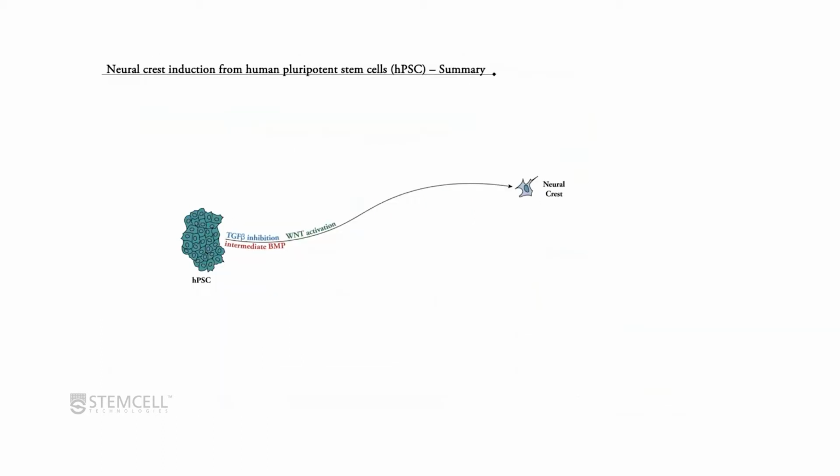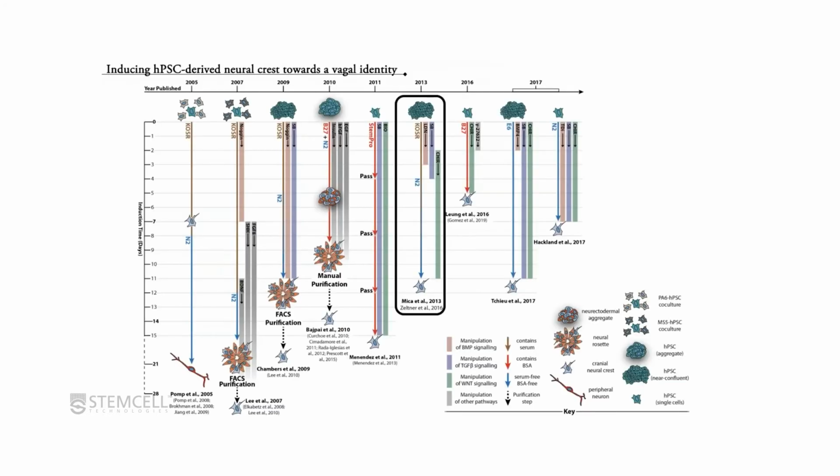So in summary, TGF-beta inhibition, Wnt activation, and an intermediate BMP signal are all required to direct human pluripotent stem cells towards a neural crest fate. But what kind of neural crest are we actually generating? Well, in 2013, there was a publication by Mica and Lorenz Studer, the main thrust of which was actually the differentiation of neural crest into melanocytes.